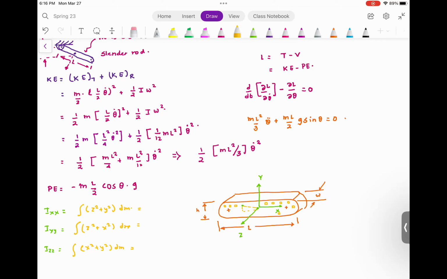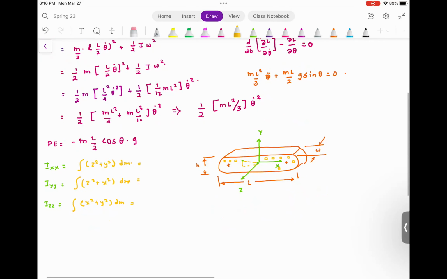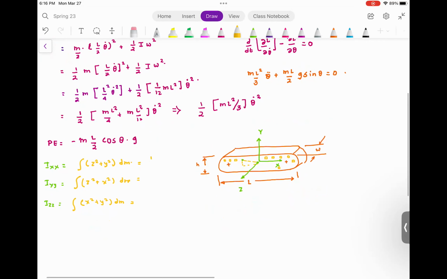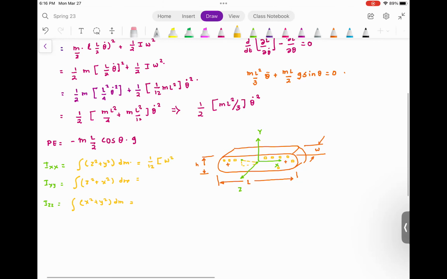Everyone understood this? So your limits of integration are going to be different, which means for a rectangular bar as shown over here, the mass moment of inertia is given as 1 by 12. Note the dimension in z direction is w, so w square plus the dimension in y direction is h square, times m.